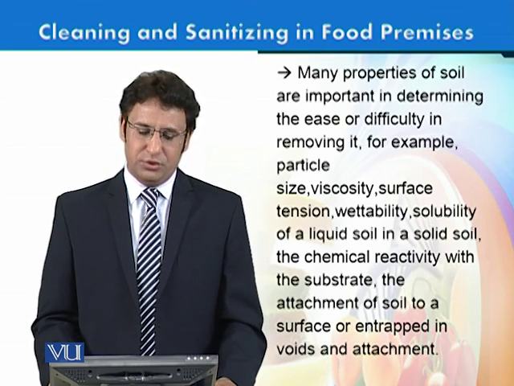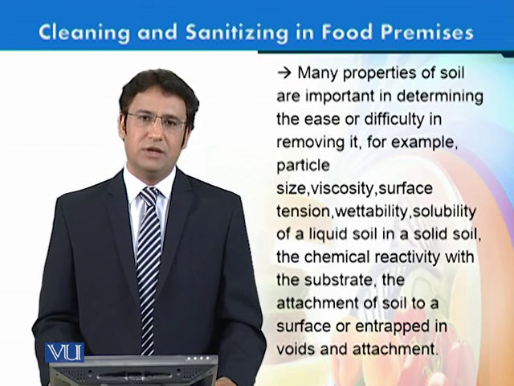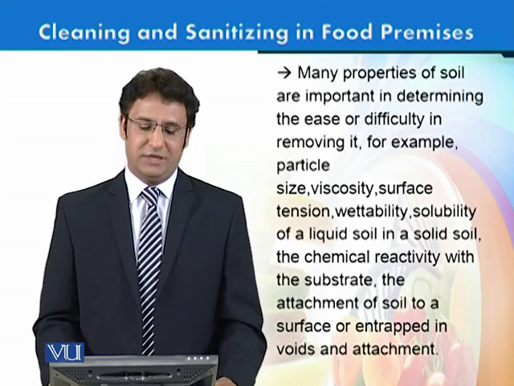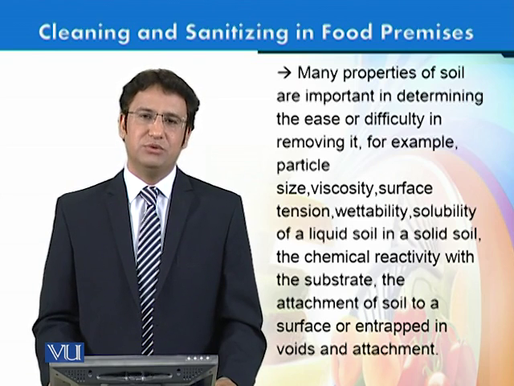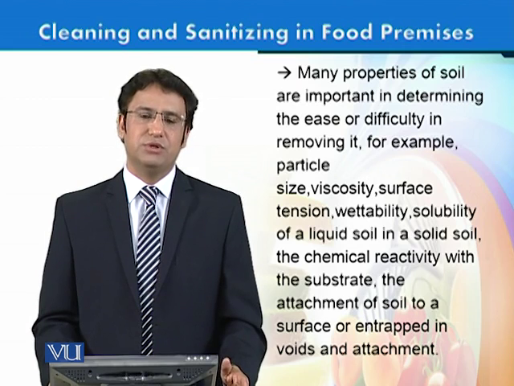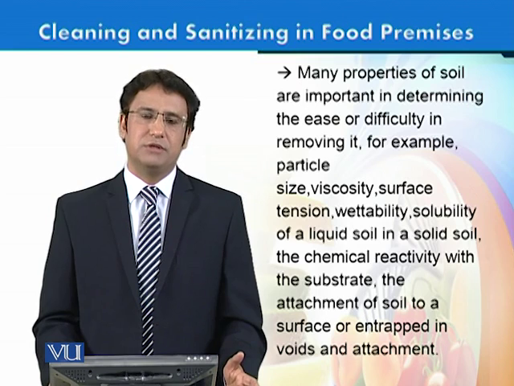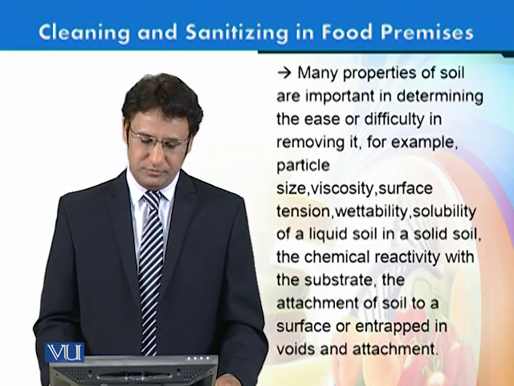Then we also need to look at the properties of soil, because we have to remove this soil, so we need to understand the chemistry and properties of soil. Only then can we decide the most suitable time and temperature combination, the type of surfactant, and the mechanical action, based on how we are going to efficiently remove what kind of soil from the food product or from the processing equipment or line.